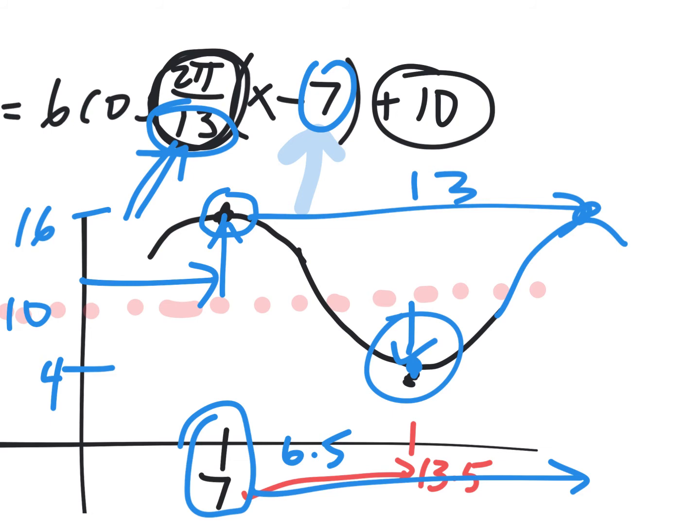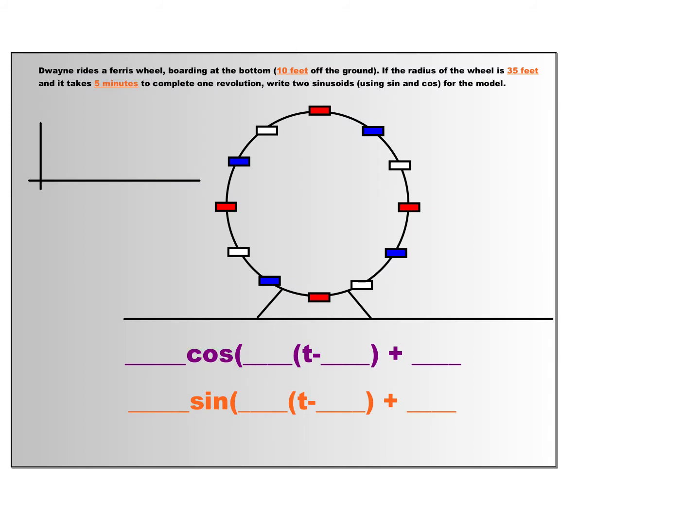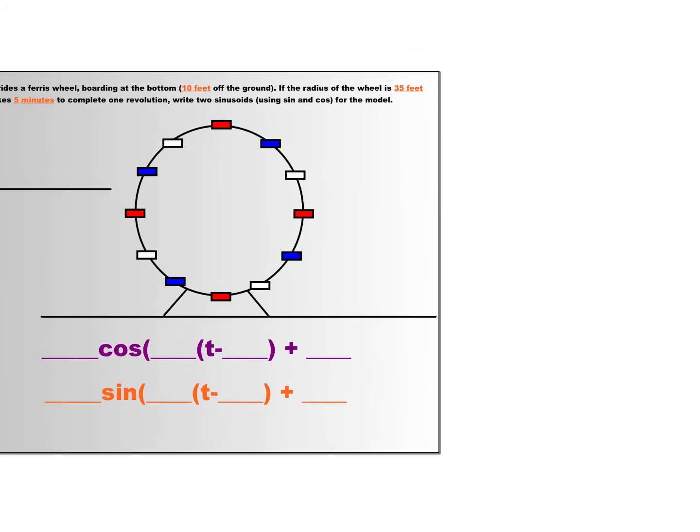Okay, so let's go look at a few problems. Don't let your brain just go, well, I've never done one like this, so I can't do it. This is true, but it's still a cosine equation. You still have a high spot. You still have a low spot. It just looks different. All right? So the first thing I would do is try to turn it into a cosine graph.